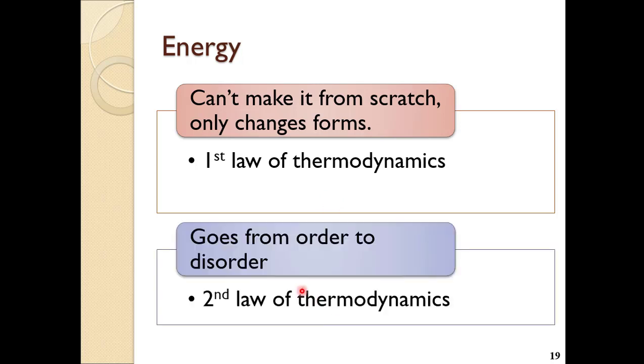And then the second law of thermodynamics is that basically everything moves from order to disorder. And we call this entropy, E-N-T-R-O-P-Y. Entropy is the movement of molecules or anything else from order to disorder. Now, these two laws basically govern what happens biochemically inside of your body.